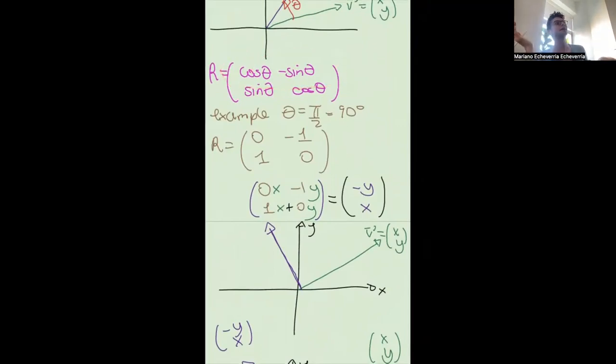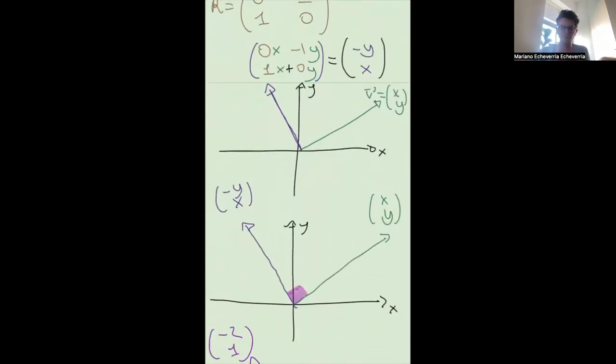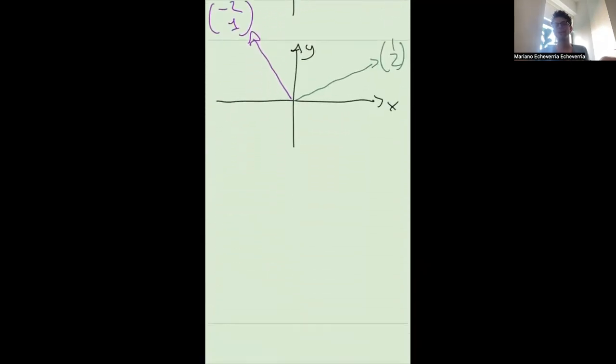What I'm trying to say is that once you have the formula for the matrix, you don't have to memorize anything else, because you will plug in the value for the angle that you want, and then you can work out the formula again. So you don't have to remember that for 90 degrees this was minus y and this was x, because you can sort of work it out. But let's, for example, just give you another one to try.